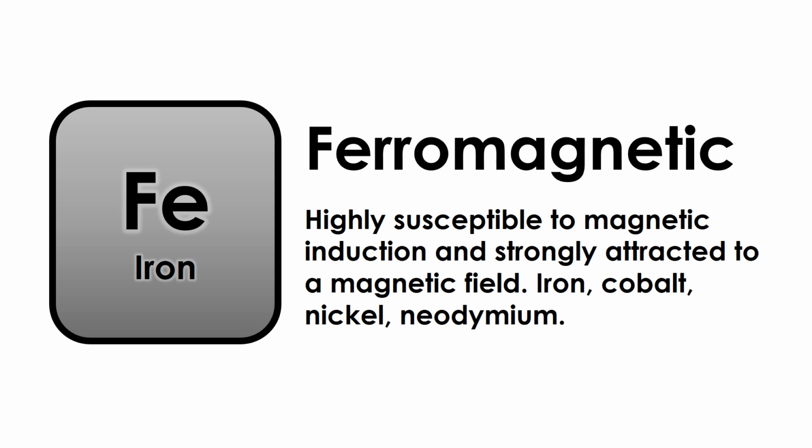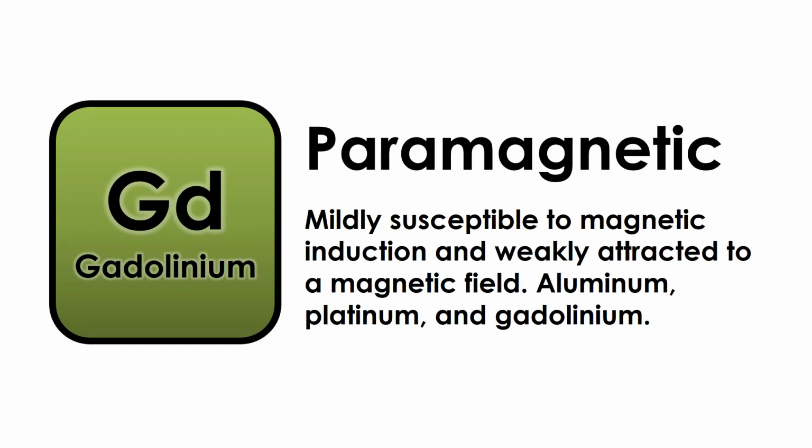Another type of magnetic classification is what's called paramagnetic. Paramagnetic materials are only mildly susceptible to magnetic induction. In other words, they can't really be caused to become a strong magnet. They're only mildly susceptible to that force, and they are only weakly attracted to the magnetic field.